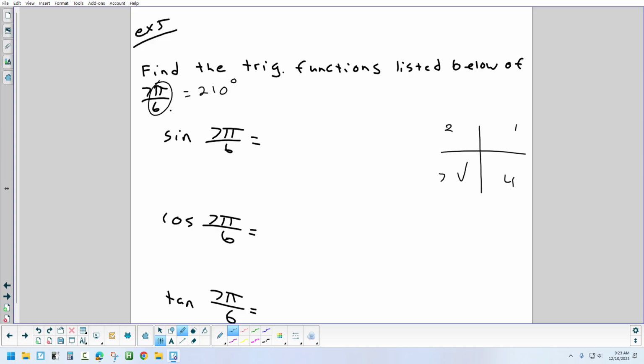And now 210, we've got to figure out, does 210 involve the 1/2 and root 3 over 2, or does it involve the root 2 over 2s? Which pair of numbers? It involves 1/2 and root 3 over 2. Right, that's a multiple of 30. We know it's 30 times 7, that's how we figured it out. So because it's a multiple of 30, it's going to involve the 1/2 and root 3 over 2. They're both negative, but we've got to get them in the right order.